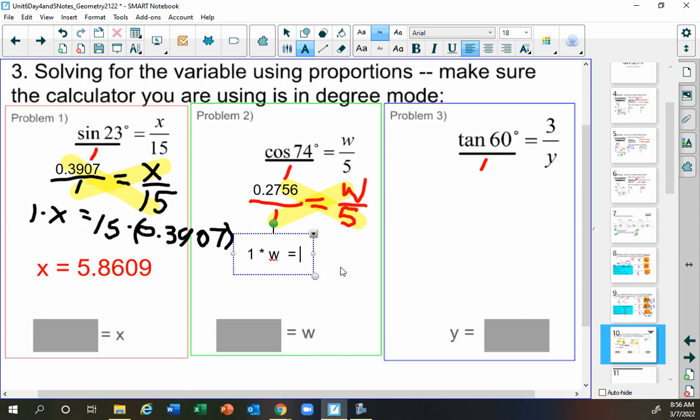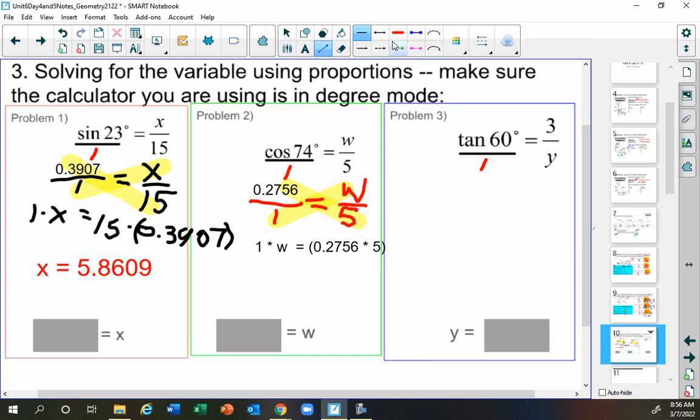It's going to be 0.2756 times the 5. You don't need the parentheses, but that's fine. Nothing wrong with that. What I am going to do real quick, let me just put a delineation line just so we don't get confused about the problems that we're doing here.